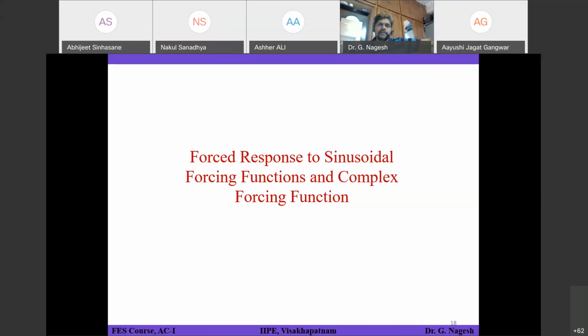Next, we will move to the complex forcing function. It is a function where the voltage itself has 2 parts, a real part and an imaginary part. When both parts are present in your circuit, how do we analyze the circuit? We will see these 2 stages. Why are we using a complex forcing function? Complex itself says real and imaginary.